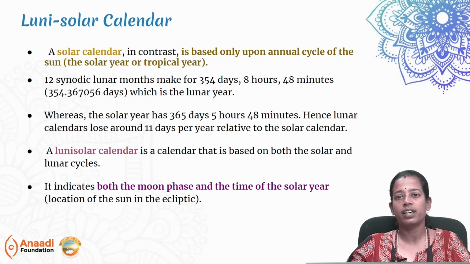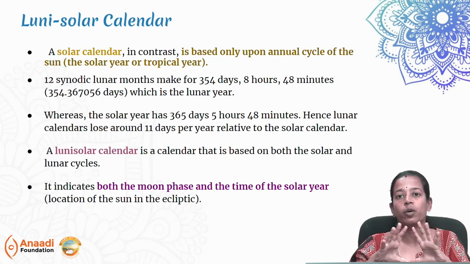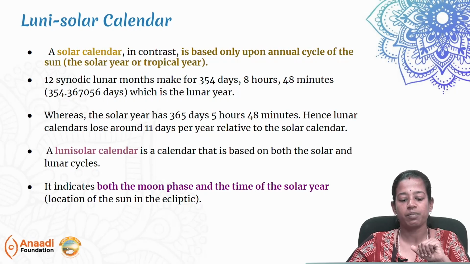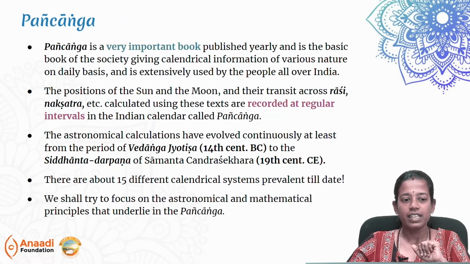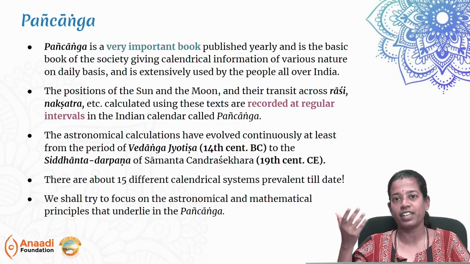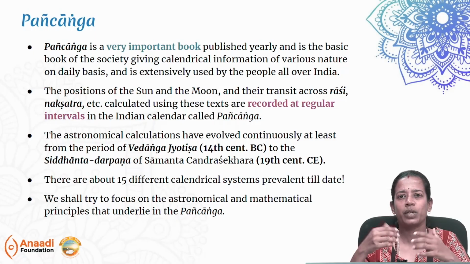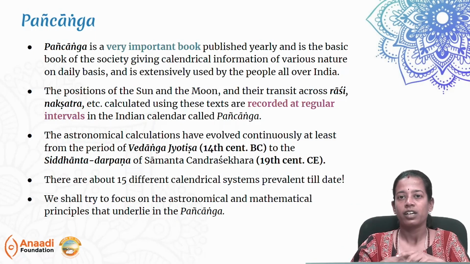Now, we will try to understand how we go about presenting this calendrical system. There is a very important book that you would all have seen, which gets published every year. If you have seen your parents, they usually place it in the altar of your house or somewhere you do the puja.